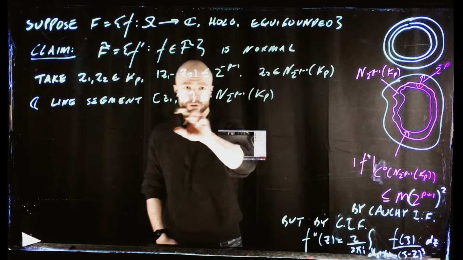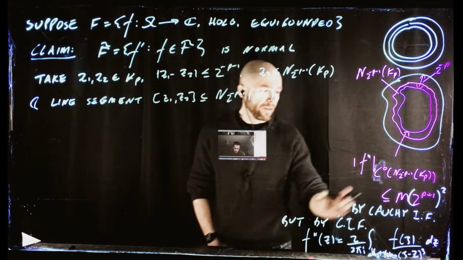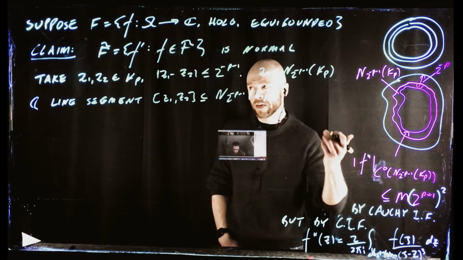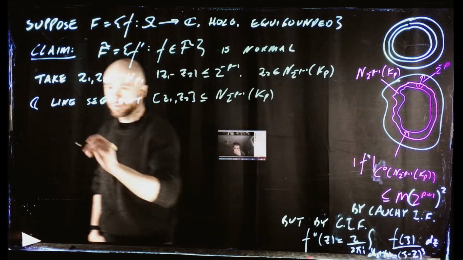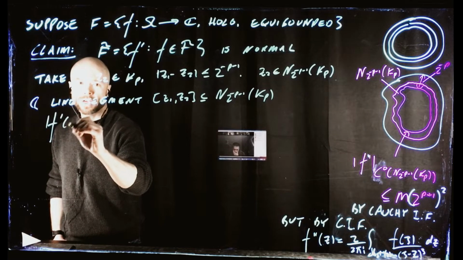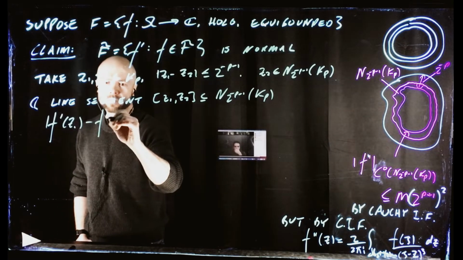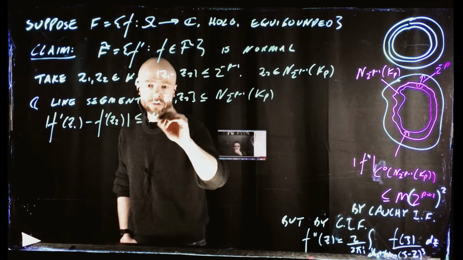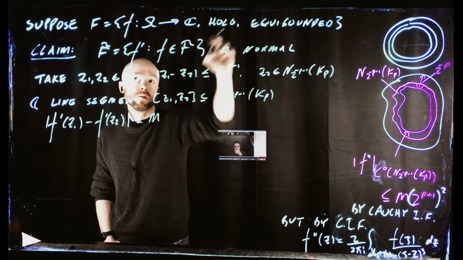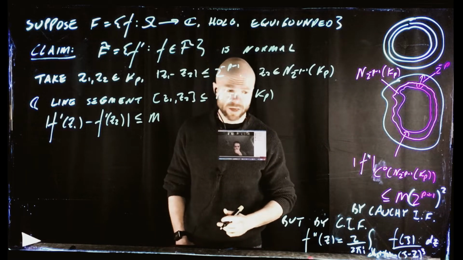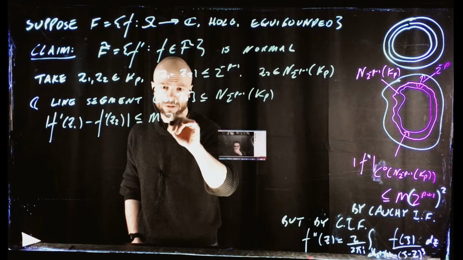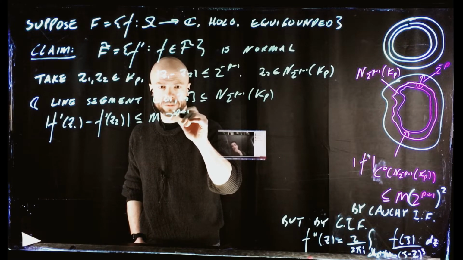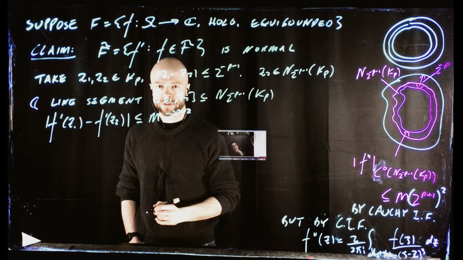So then the argument's exactly the same, right? So we have a line segment contained within this thing, and on this set we have that the second derivative is actually uniformly bounded, so therefore the first derivative is Lipschitz: |f prime of z1 minus f prime of z2| is less than this universal constant from the sup of all these functions in the family F, times this 2 to the p plus 1 squared, so it's like 2p plus 2, like this.